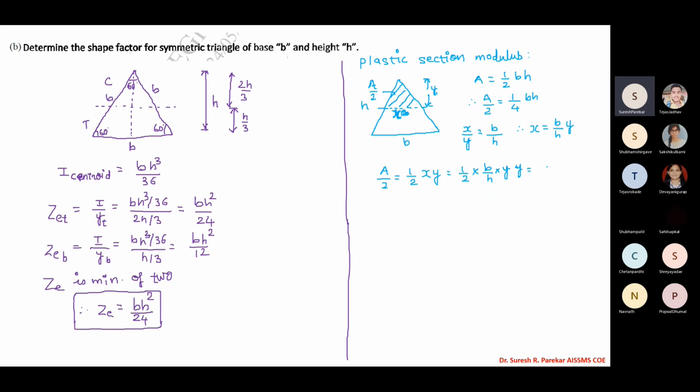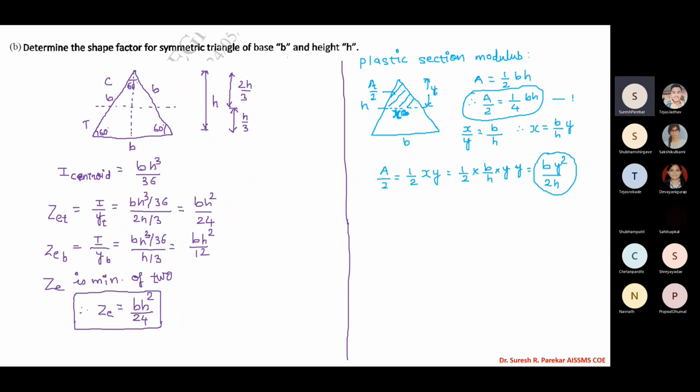From this we get Y square upon 2H. But what is A by 2? A by 2 is BH by 4, and this A by 2 is Y square by 2H.